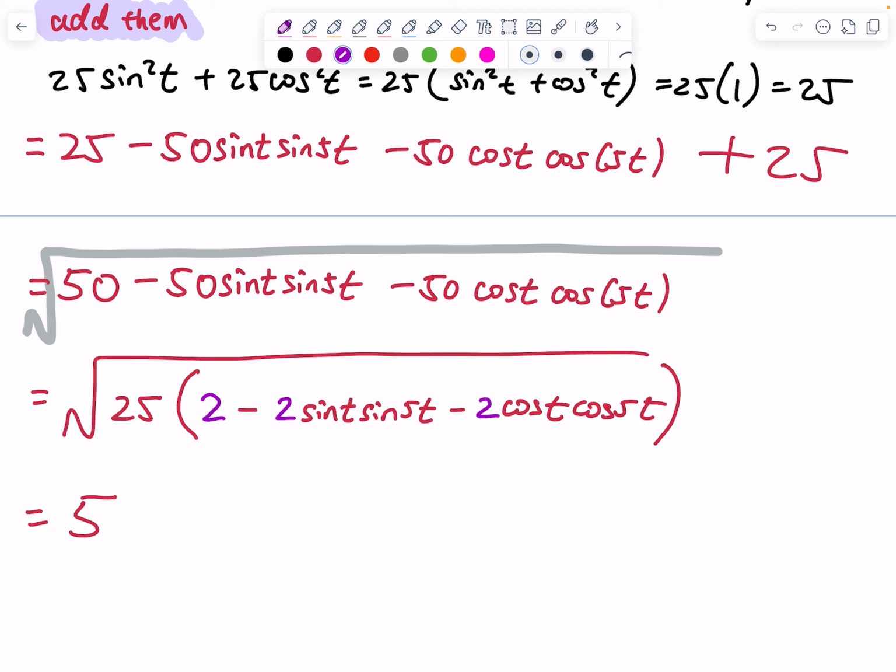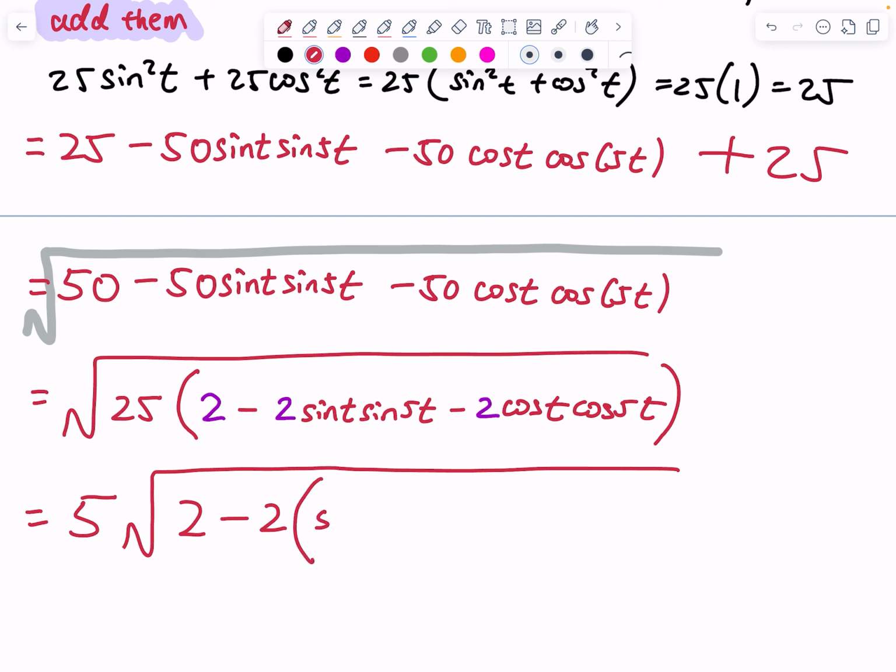Okay, how about this? I still have a square root for the rest. So I will just do a 2 minus another 2. I factor these 2 out. I will do a sine t sine phi t, and then minus cosine t cosine phi t. Why are we doing this?